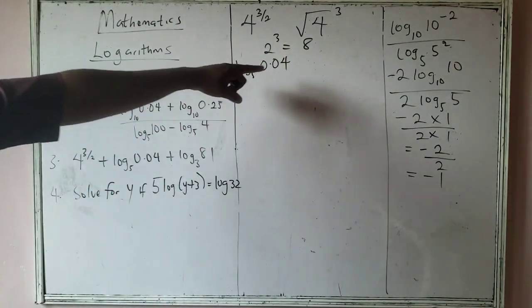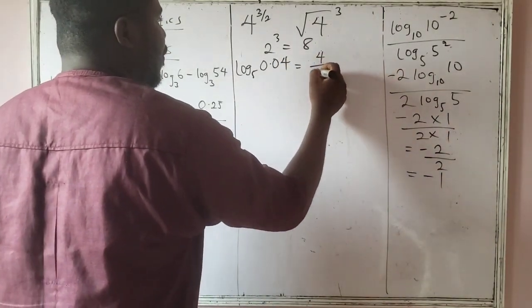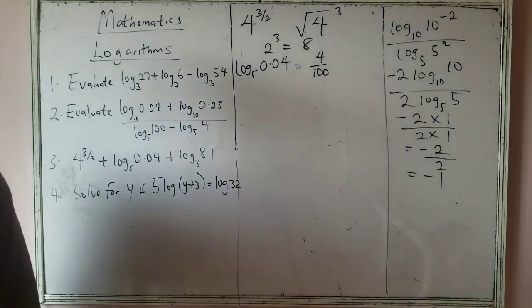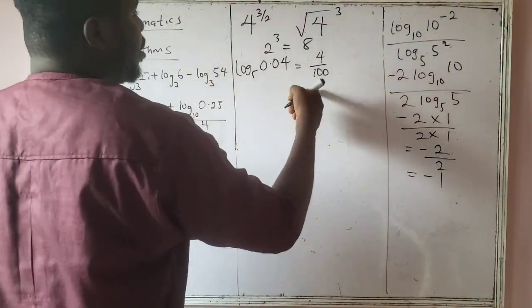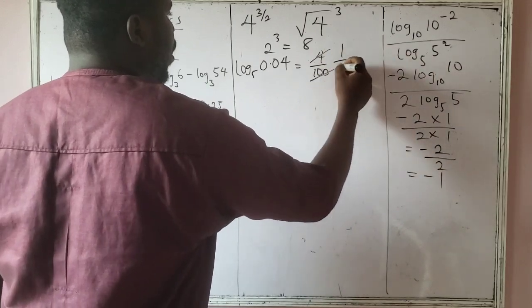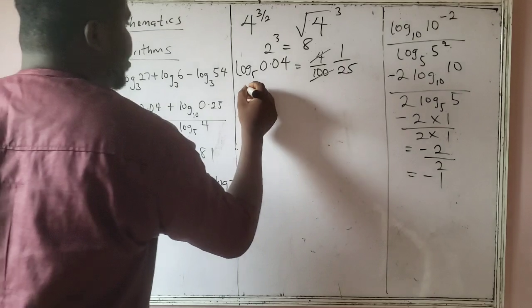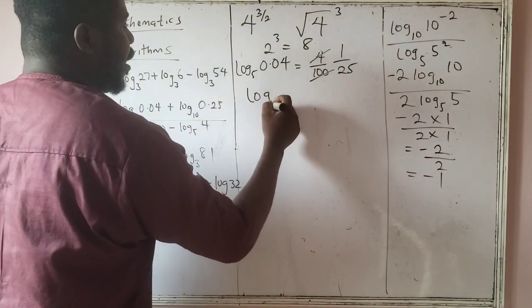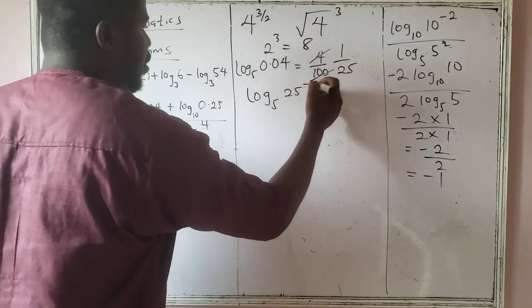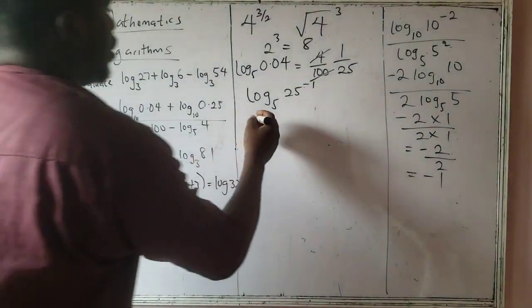Do you know that this 0.04, we can actually write it as 1 over 100 rather. And this 1 over 100 is also 1 over 25. So we can write it like log 5 into this, just a reciprocal.